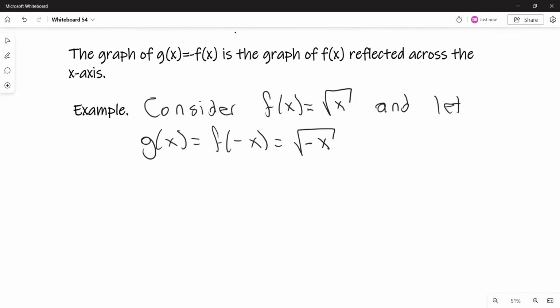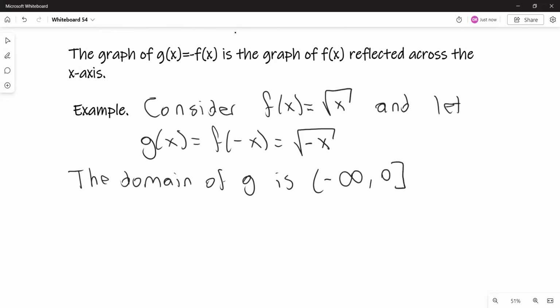The first observation is that the domain of g has changed. The domain of g is no longer 0 to infinity, it's going to be negative infinity to 0, including the 0.